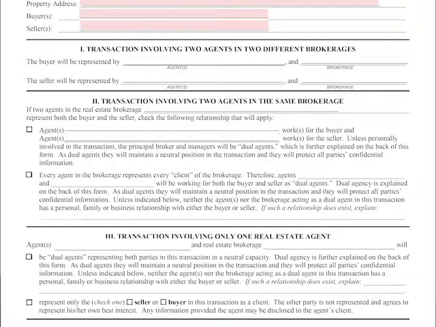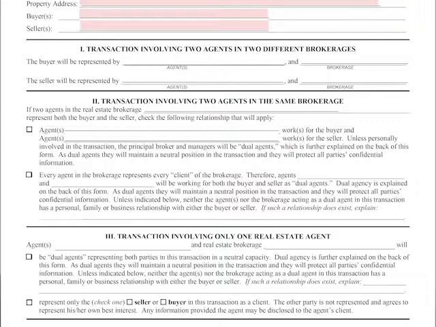And then the second line would be the seller will be represented by the listing agent. That could be John Doe from Howard Hanna, for instance. So that's pretty clear-cut how to fill that out. And then your clients would sign it at the bottom. You're not involved in signing this form. You would present that to the listing agent along with your offer.